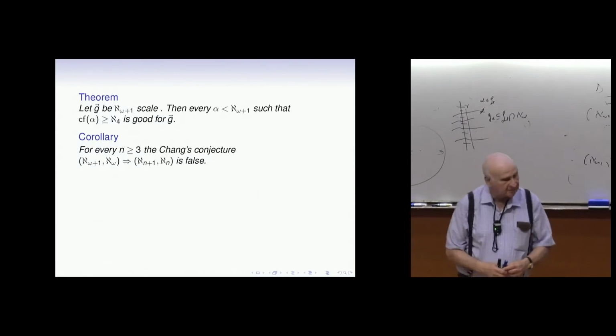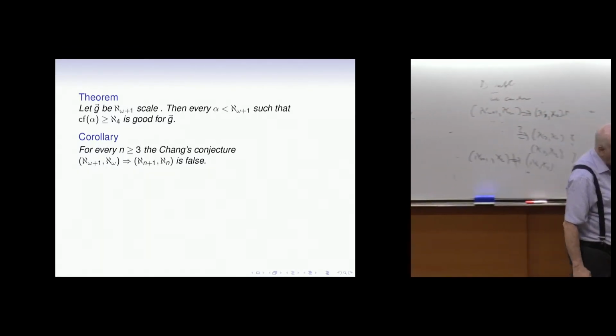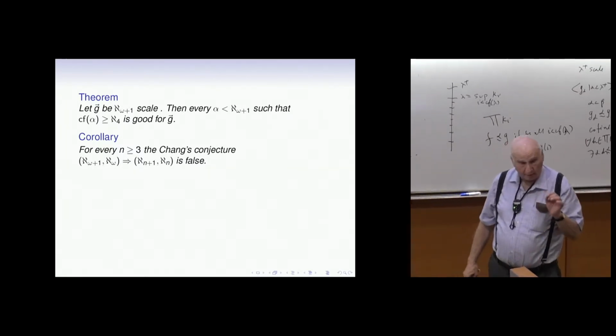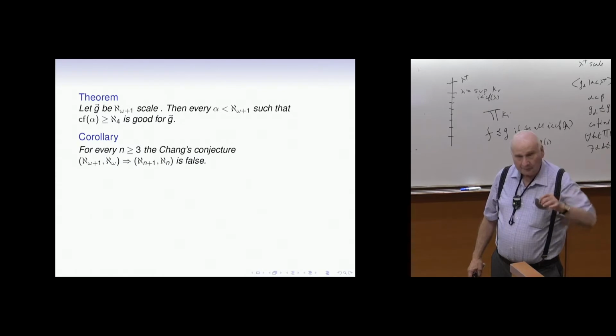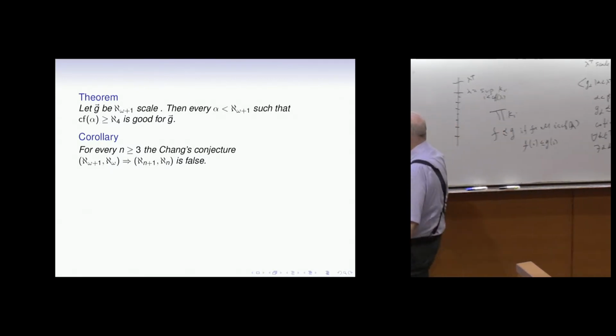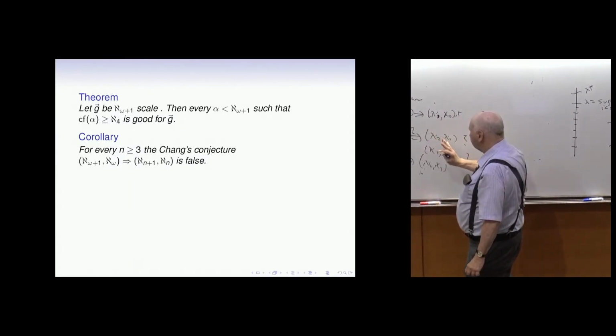If you look at the proof of the consistency of the Chang conjecture, there is always the thing that I mentioned, the very judicious choice of what would be Aleph 1. It will be very difficult to make a choice like that if you want to have it for Aleph 2 or Aleph 3.